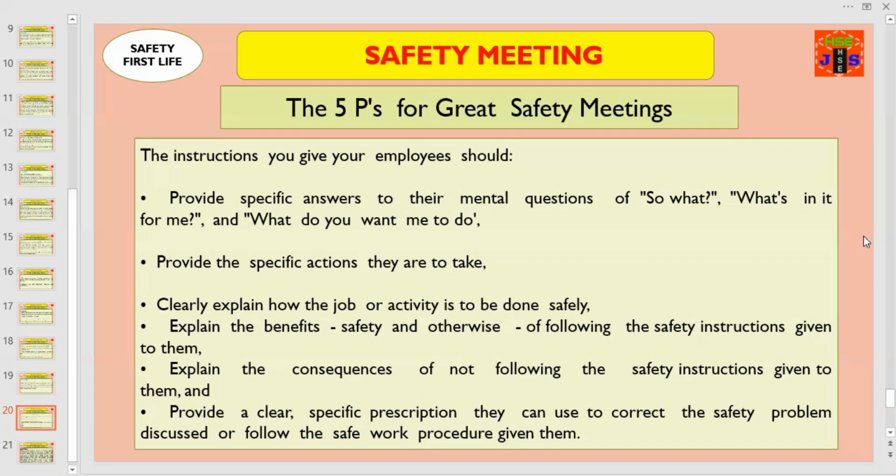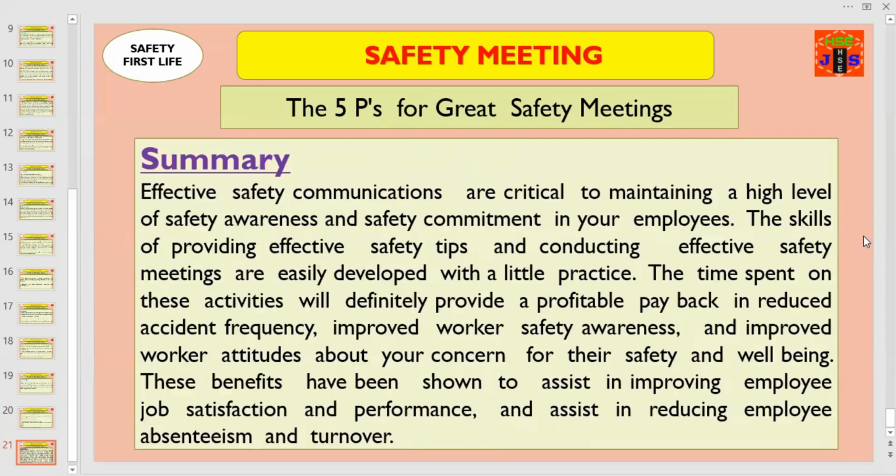But for all these desired results, you have to memorize these important points, especially the 5P's. P number 1, prepare. P number 2, pinpoint. P number 3, personalize. P number 4, picturize. And P number 5, prescribe. These are so easy and simple to memorize and understand.